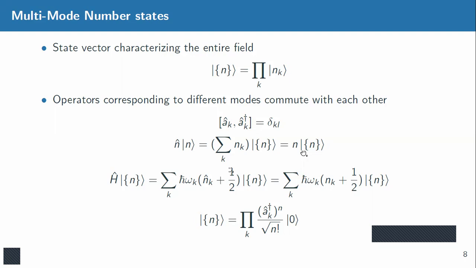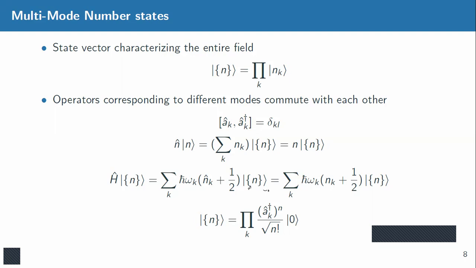The given field vector, given by the ket n, where the parentheses show that it is the state vector of the entire field, is also the eigenstate of the Hamiltonian of the field, and it gives the value of the energy of the entire field.